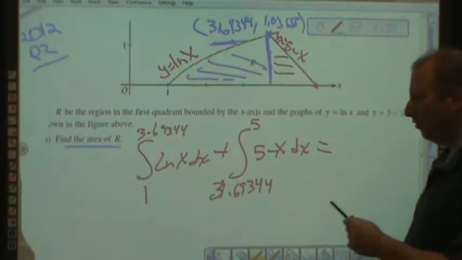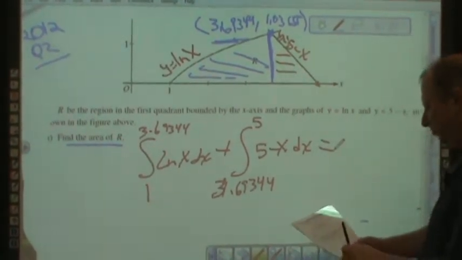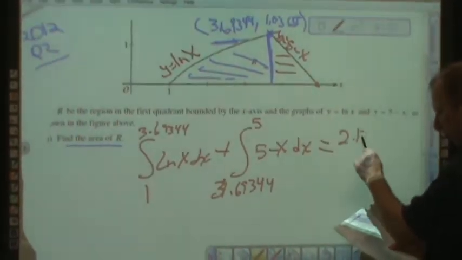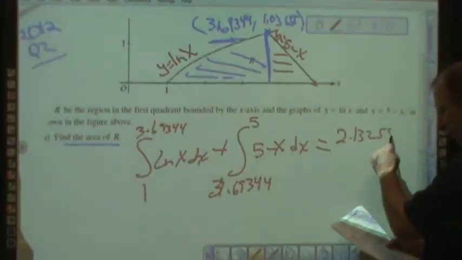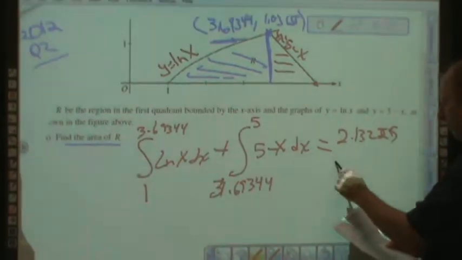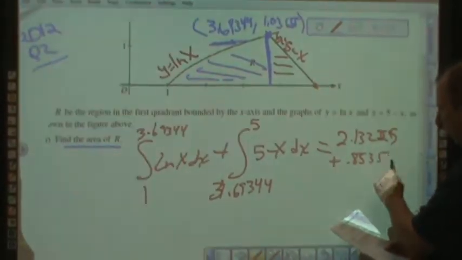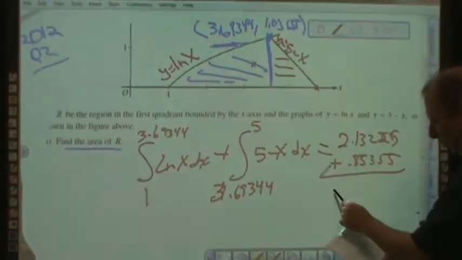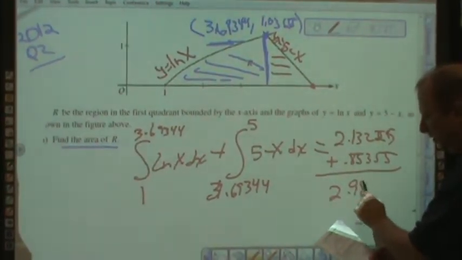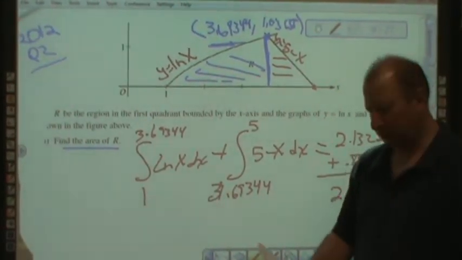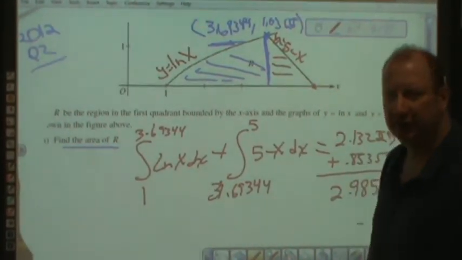When I put all this into the calculator, my ultimate answer will be 2.1325225 plus 0.85355, which ultimately gives you 2.9858. Okay? So that's part A.